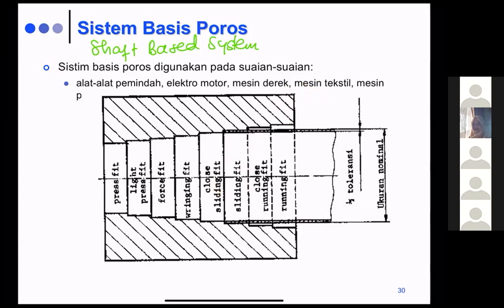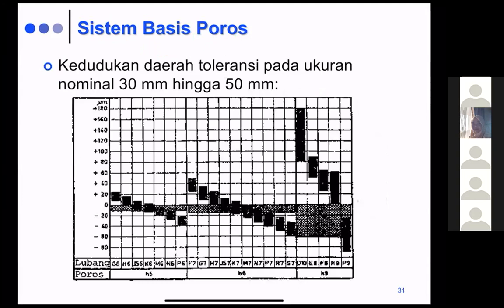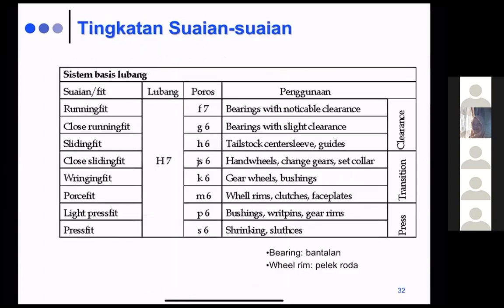Again, there is some numbering for the shaft based system, to find which one correlates to which tolerance number.